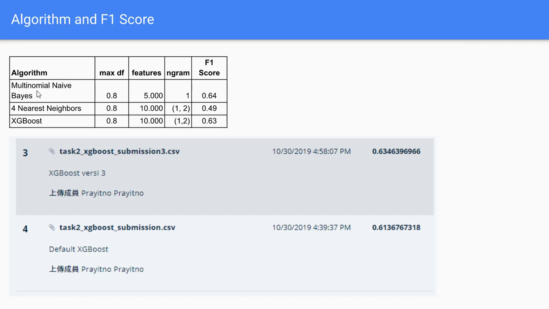I also tuned my hyperparameters, such as when I use the multinomial naive Bayes with the maximal document frequency 0.8, I got 0.64. And when I use the nearest neighbor with 4 nearest neighbors, I got the lowest one, only about 49%. And when I used XGBoost, extreme gradient boosting, I got 63%.